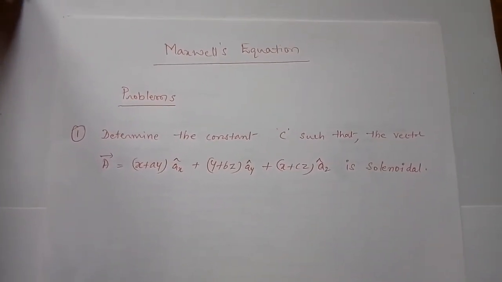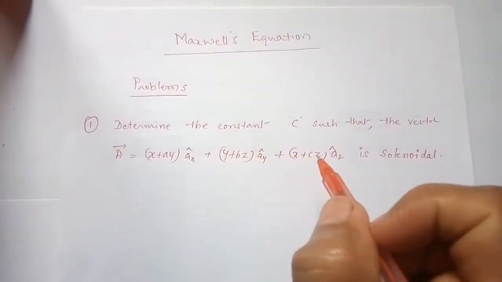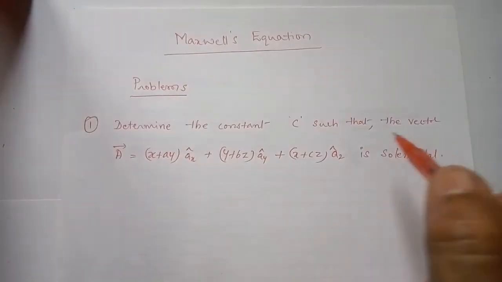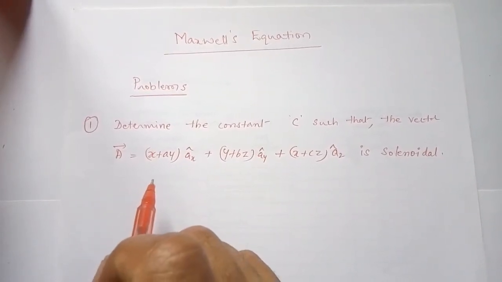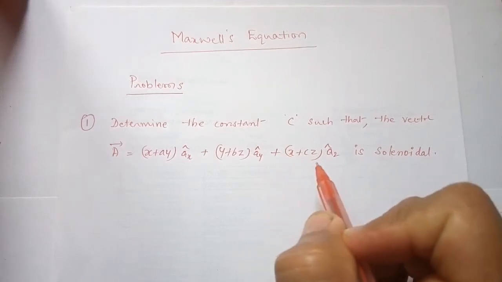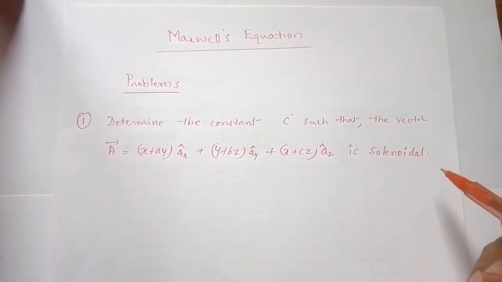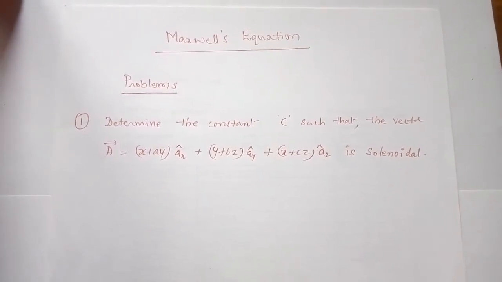Let us see. The first problem we are going to solve is: determine the constant c such that the vector A = (x + ay) ax cap + (y + bz) ay cap + (x + cz) az cap is solenoidal.